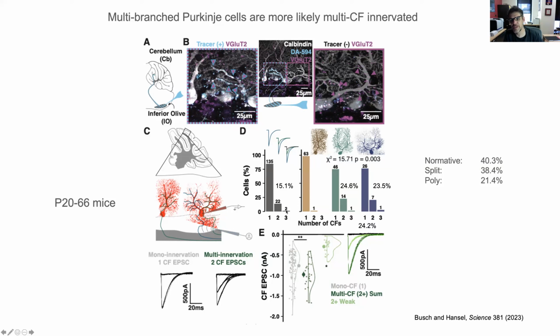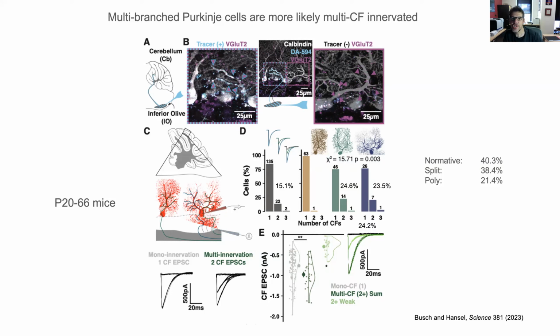We found that in the total population of something like 160 cells we patched, about 15% are innervated by two or more climbing fibers. That is pretty much the number already in the literature. But we find here it's not a random distribution. It depends entirely on the morphology, in that you almost never see it in the normative Purkinje cells, but in the split and poly Purkinje cells, just shy of 25% of those cells have double or multiple climbing fiber innervation.